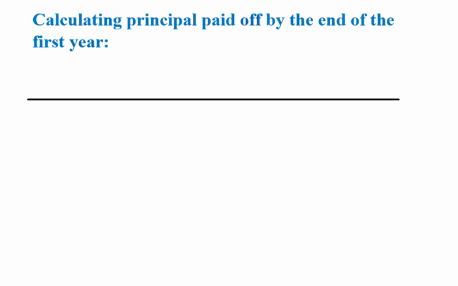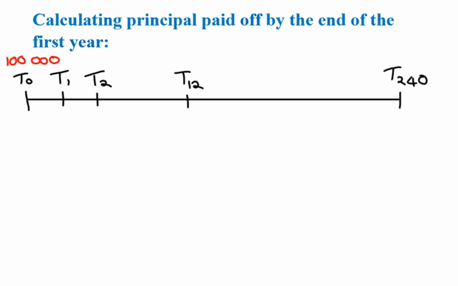We've got our T0, T1, T2, but now we're going to the end of the first year, so let's pop our T12 in there. We know that in total we've got 20 years, so I'll still keep that, T240. We know our present value is 100,000, and we've got our payments of 2,000 at the end of every month.